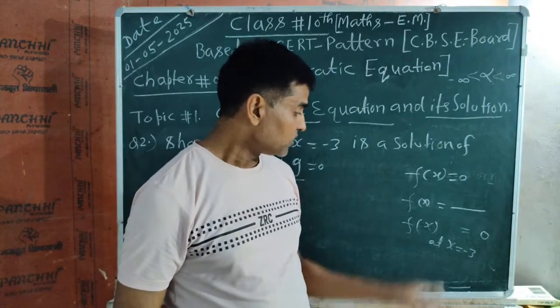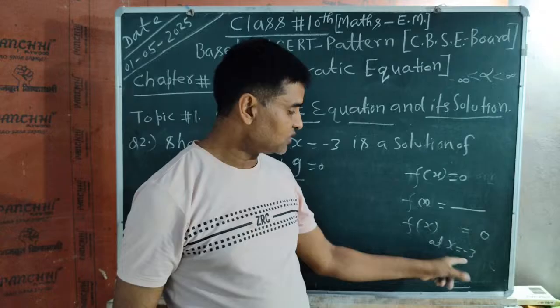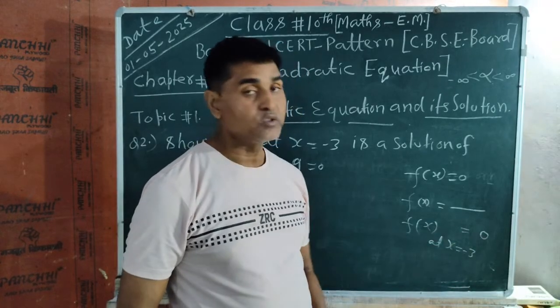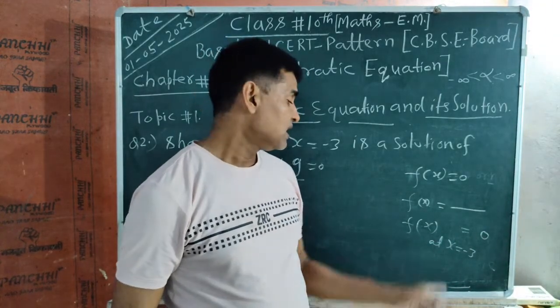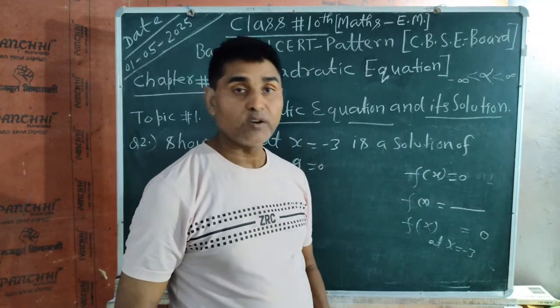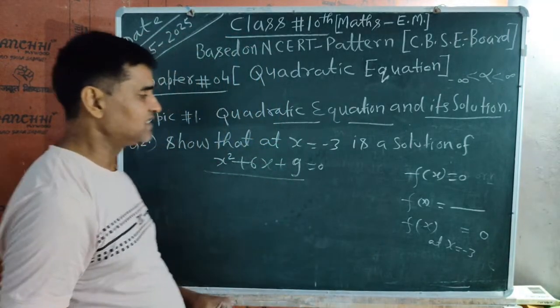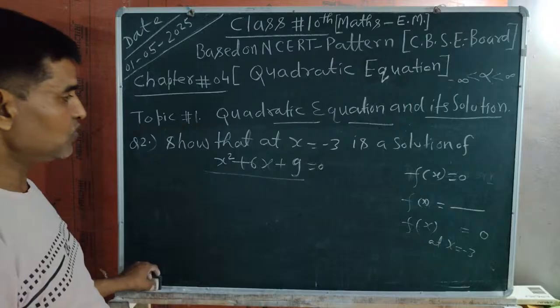Okay student, further, in other words, we can also say that x is equal to minus 3 is a solution of the given quadratic equation, or x is equal to minus 3 is one root of that quadratic equation. So all meanings are the same. Only you have to visualize it clearly.